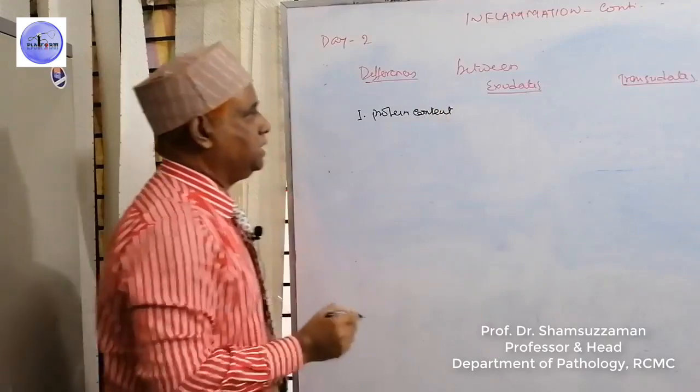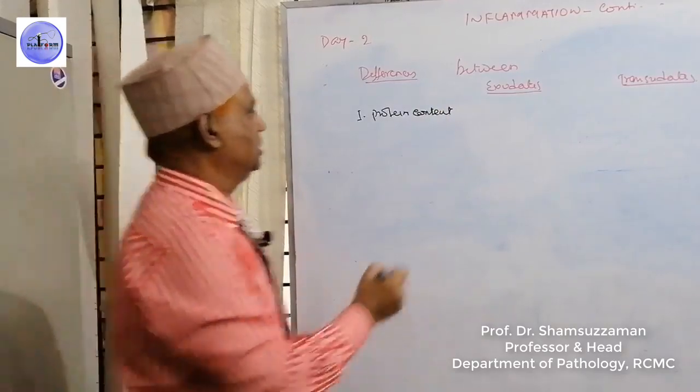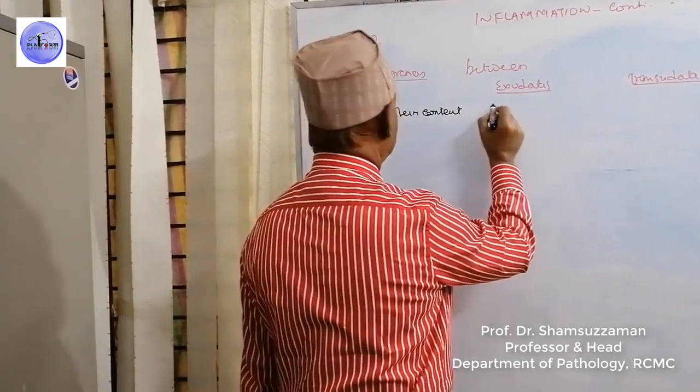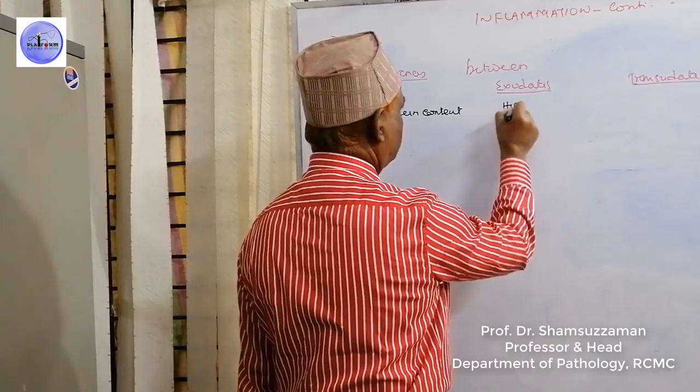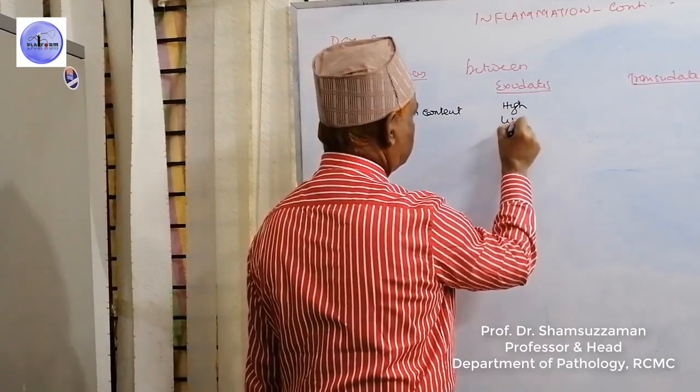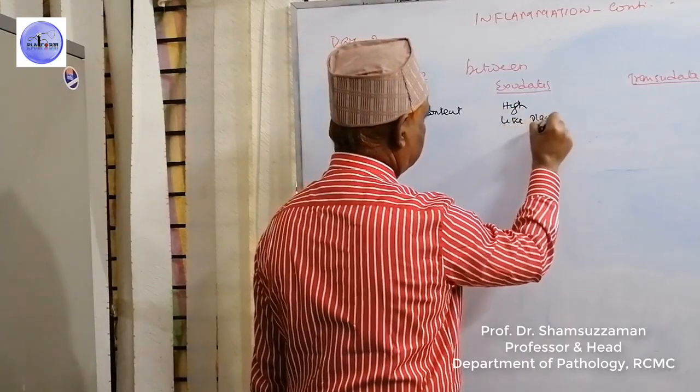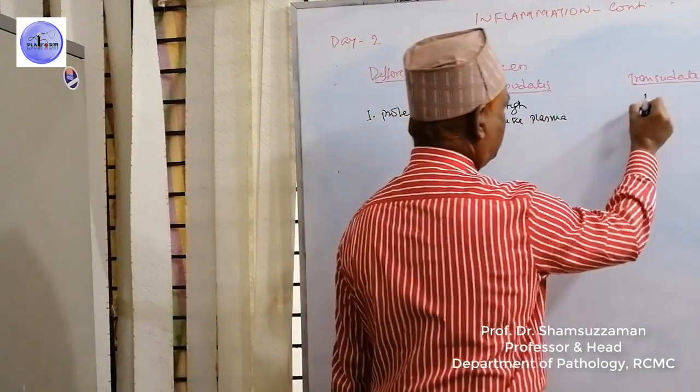Exudate has a high content of protein like plasma, while transudate has a low content of protein.